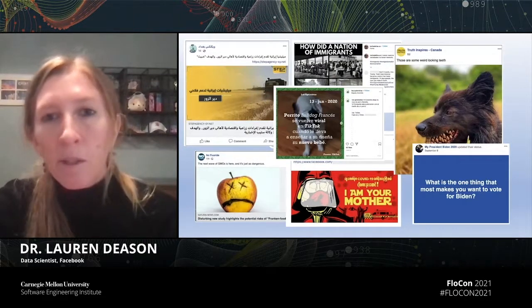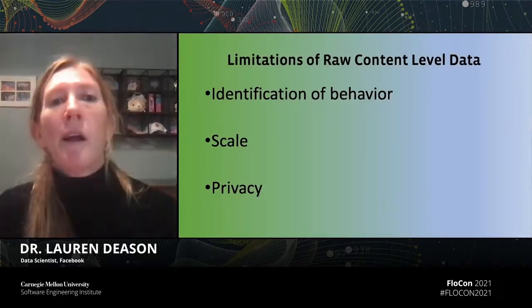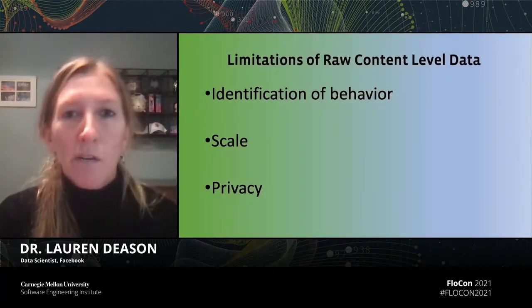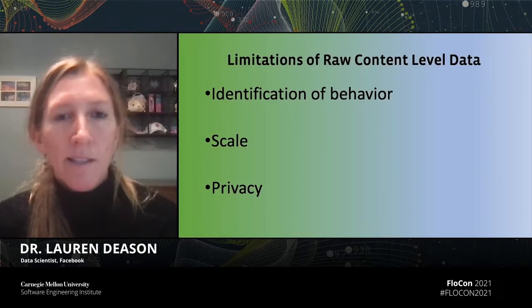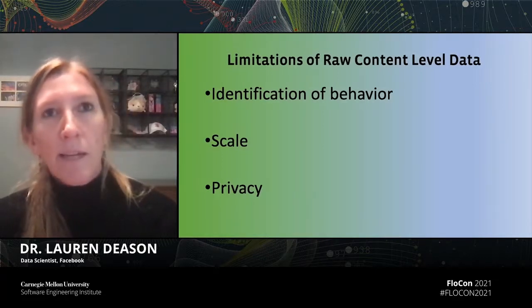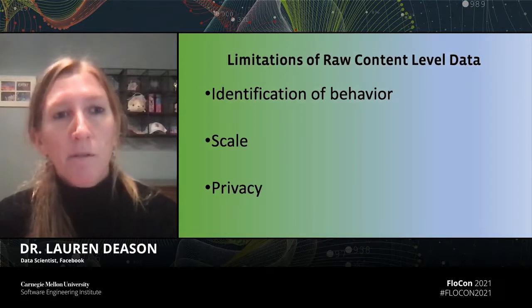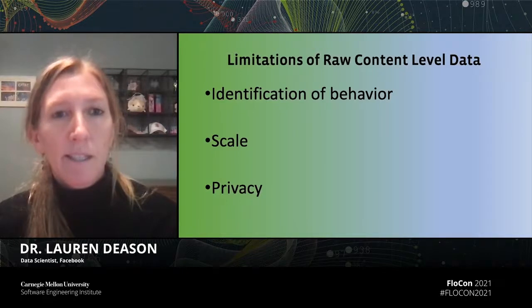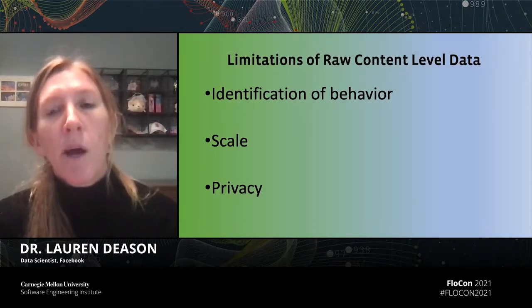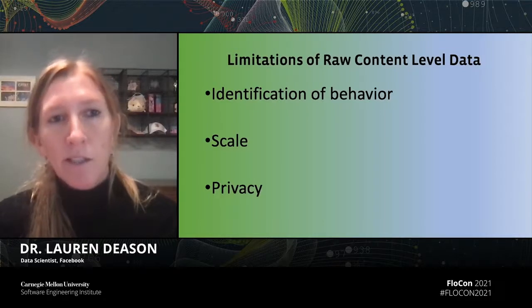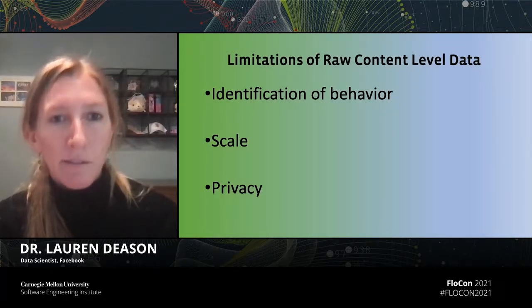Okay. Which brings me to this question of the limitations of raw content level data. I think in both the case of networks and social networks, the two types of granular data I've described, PCAP and raw user-generated content, can be very useful as a source of final ground truth, but they often have a limitation in terms of what they can pick up on for certain violating behaviors.